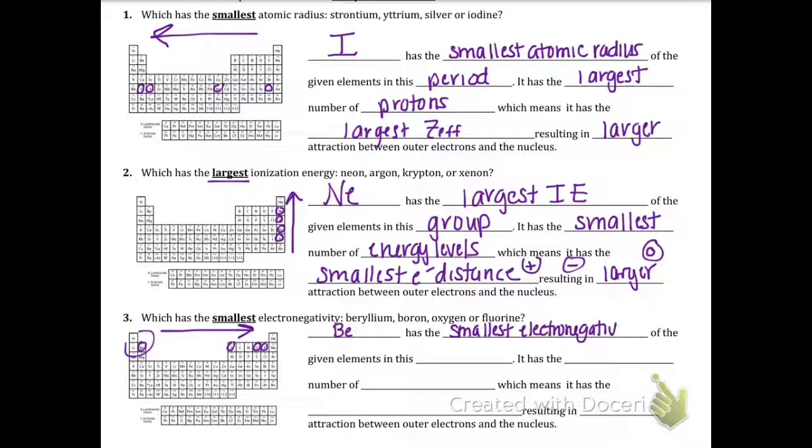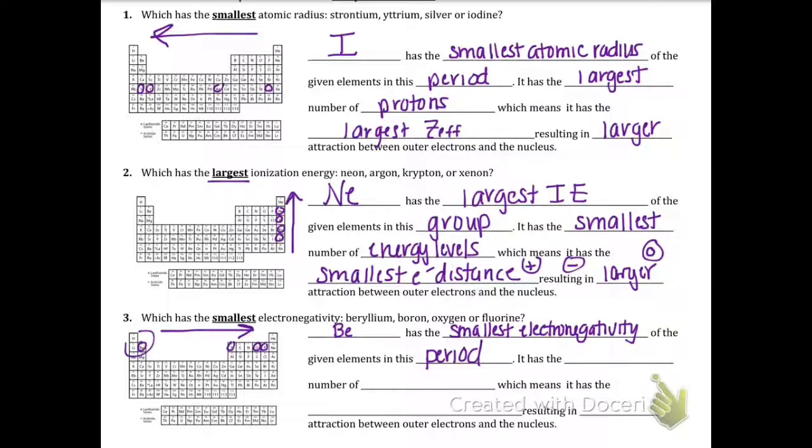electronegativity of the given elements and they're all in the same row, which means they are in the same period. Period tells us we're talking about protons and Zeff. So you compare, beryllium has how many protons versus fluorine. Fluorine has how many protons? So beryllium has 4, fluorine has 9.